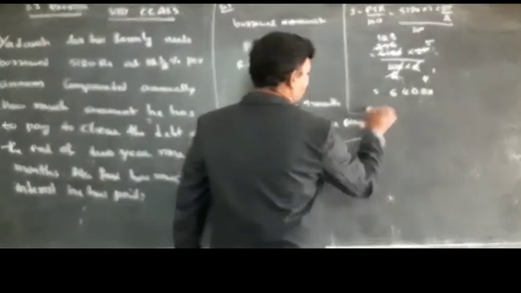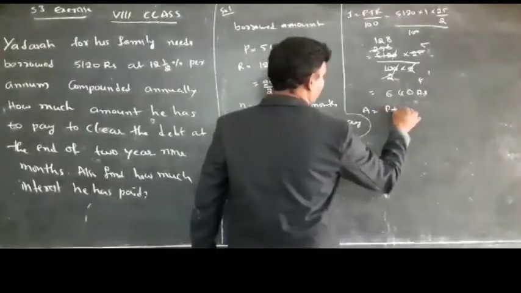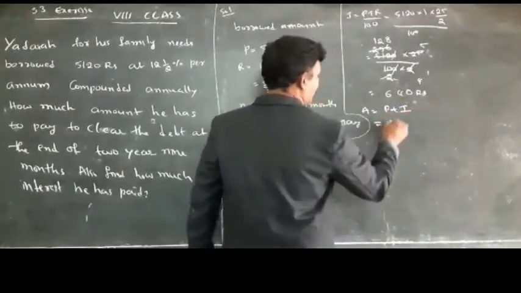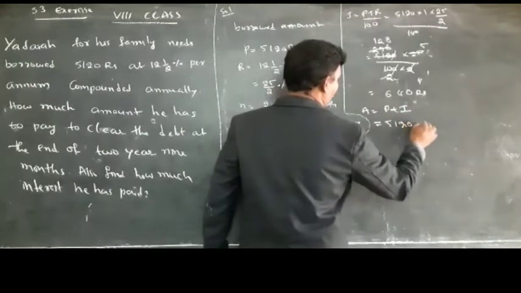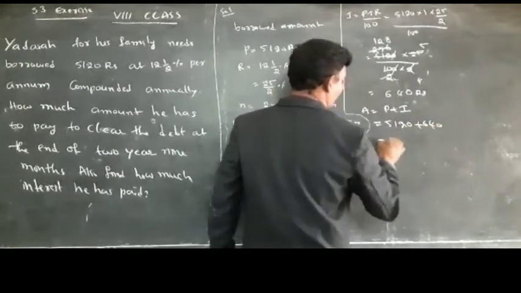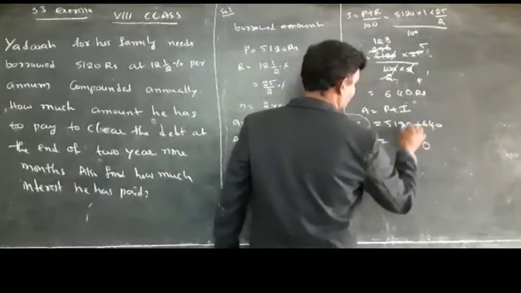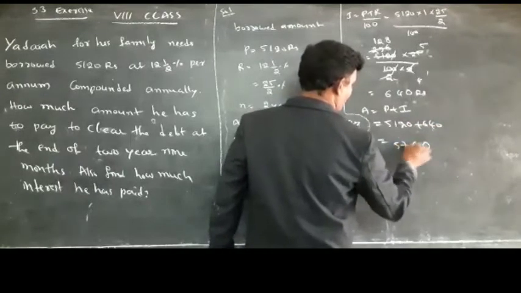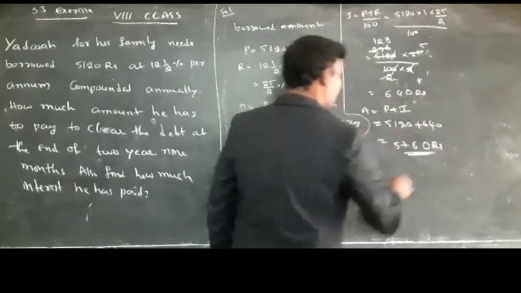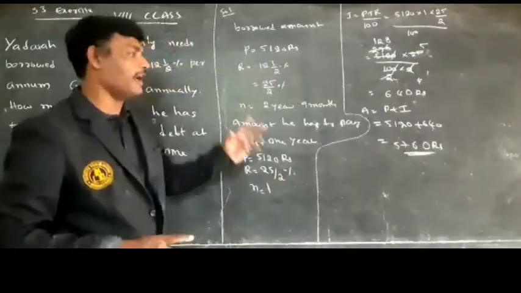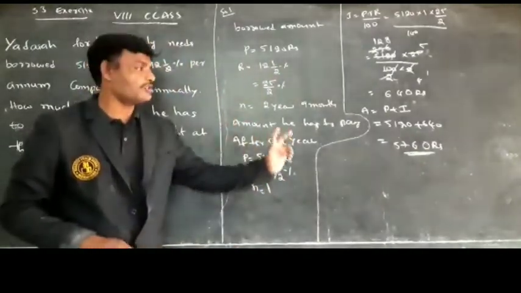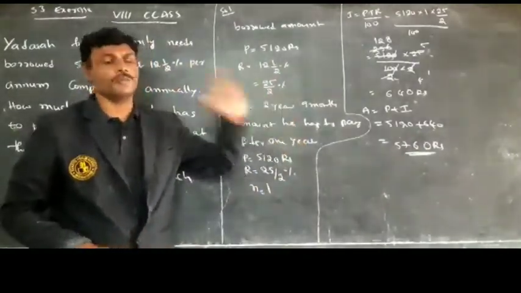Then, total amount A is equal to P plus I is equal to 5,120 plus 640. So, after 1 year, he has to pay 5,760 rupees.